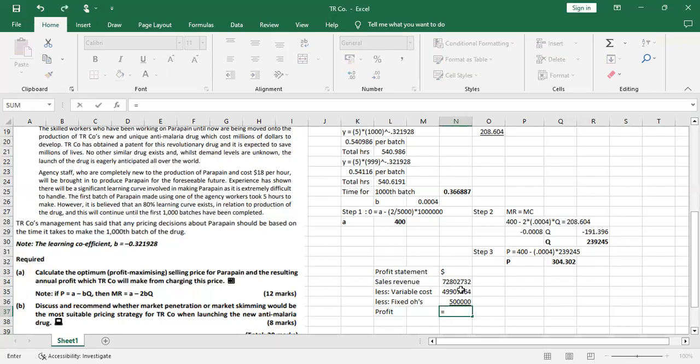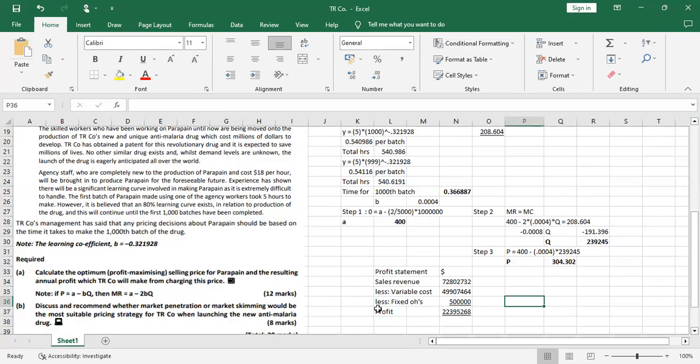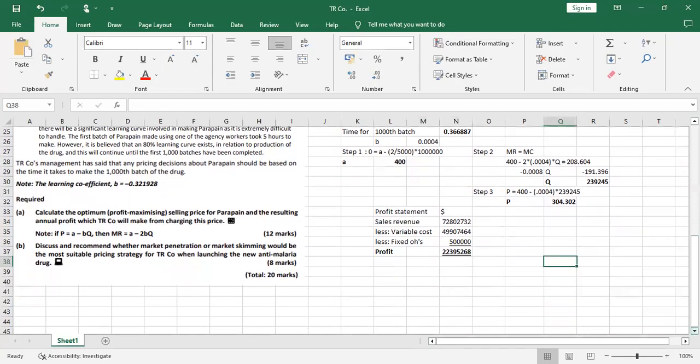Profit is equal to revenue minus variable cost minus fixed cost. So this value is our profit. Any question related to this value? So we are done with part A, where we needed to calculate three values.